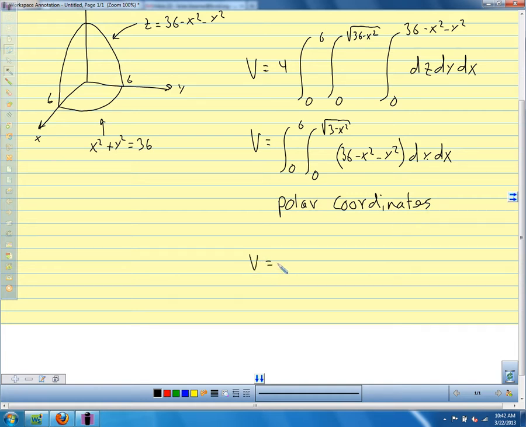Our volume is going to be, and I forgot my 4 here, 4 times the integral from 0 to pi over 2 in the xy plane. Our radius varies from 0 to 6. Our function that we're integrating becomes 36 minus r squared.